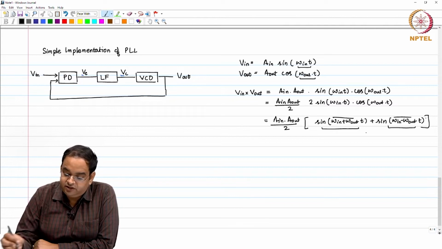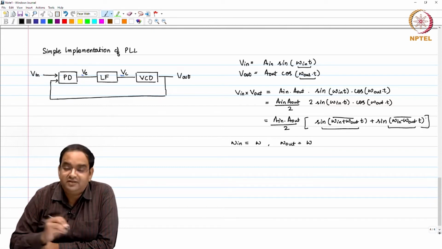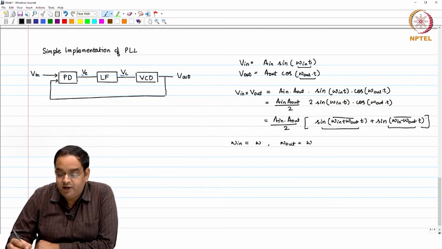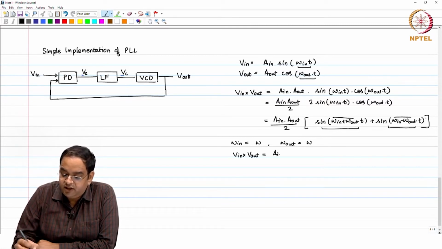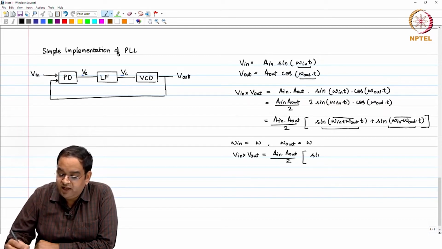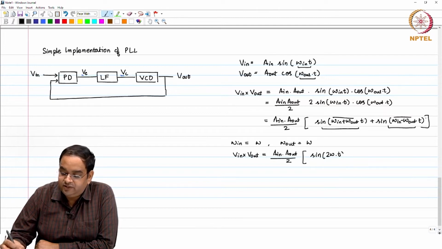Now, this is in general what we have seen. If I say omega in is equal to omega and omega out is equal to omega itself, we will take two cases. If this is the case, omega in minus omega out is zero, and V in into V out is nothing but A in A out by 2 times sine of 2 omega times t plus sine of 0.